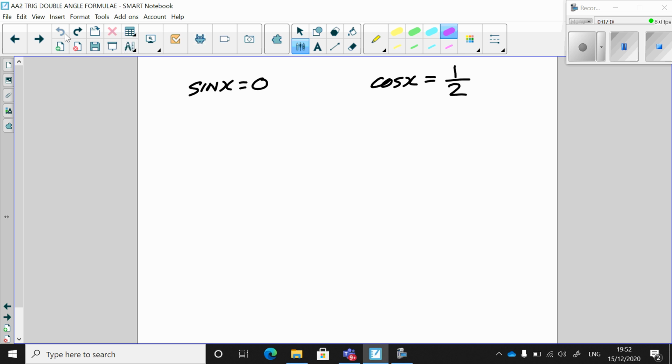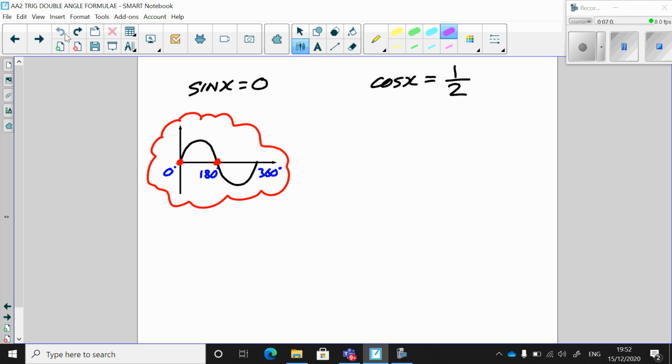So I could do them together on the same page, and I think I have to. When it's equal to 0, or 1 or negative 1, just use the graph. So when sin x equals 0, x is the x-axis.